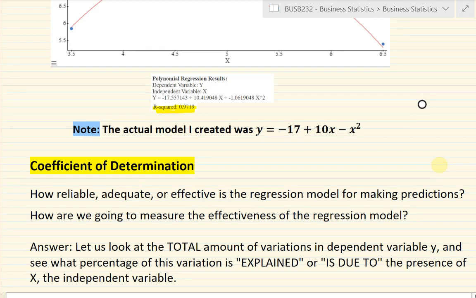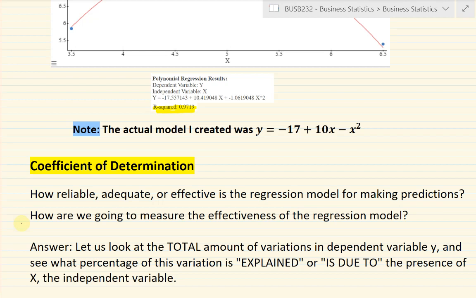The answer is going towards the coefficient of determination. As far as how we're going to do this, we're answering the second question. To answer it, we look at the total variation in the dependent variable y and see what percentage of this variation is due to the presence of x.